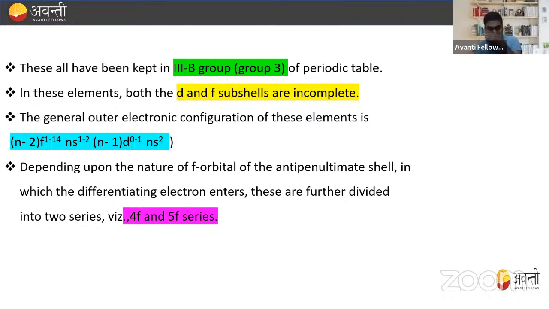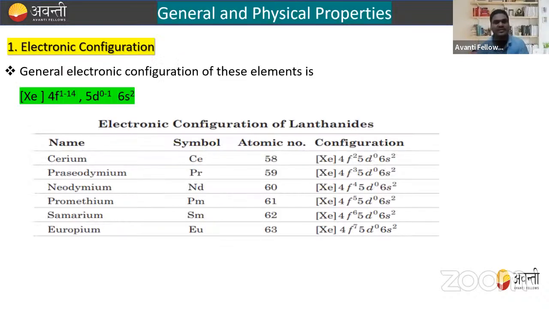Now, depending upon the nature of the f orbital of the anti-penultimate shell in which the differentiating electron enters, these are further divided into two series, that are the 4f and 5f series, right?